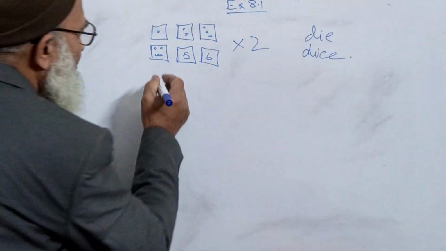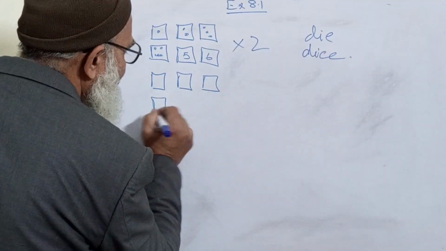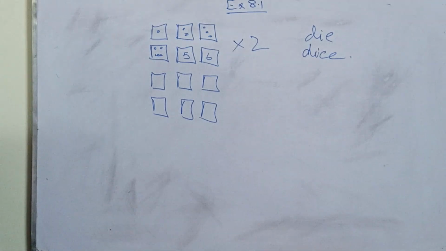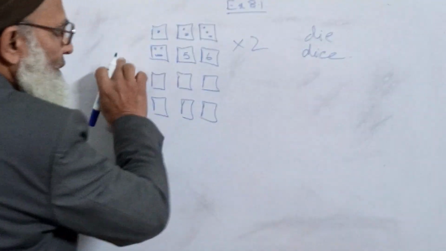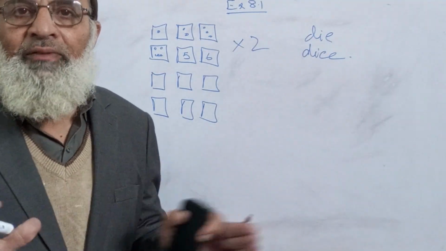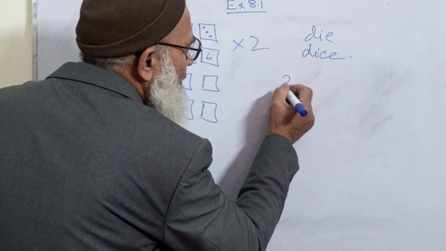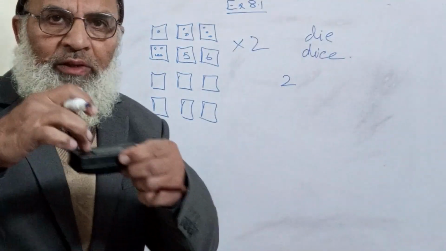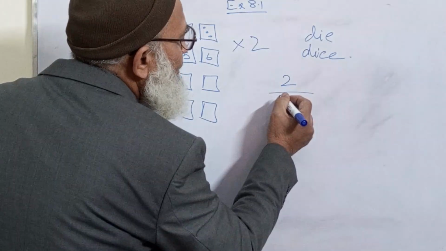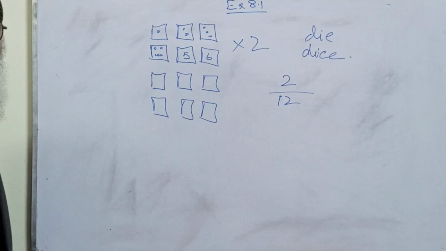what is the probability? Now there are 6 faces and 6 faces, 12 faces in total. Out of 12 faces, 2 faces will always appear on top because there are 2 dice. So 2 divided by 12 will be the probability of each face.